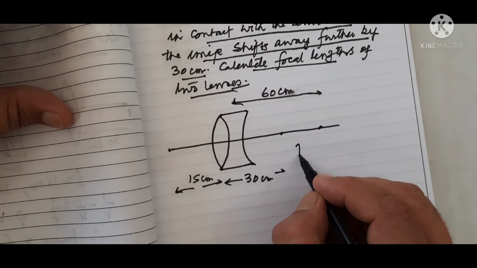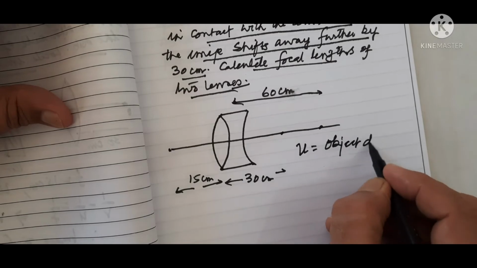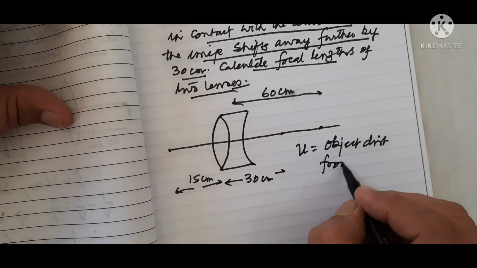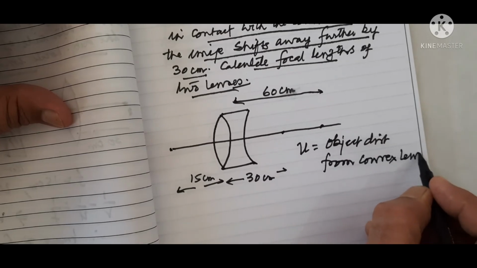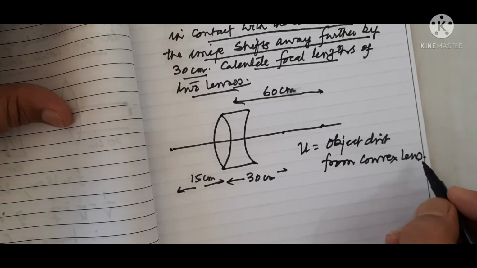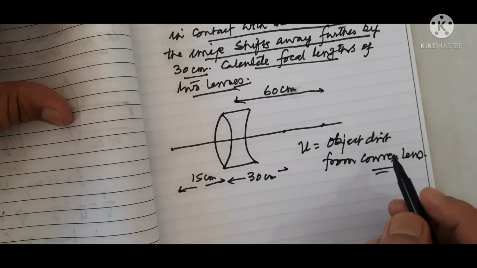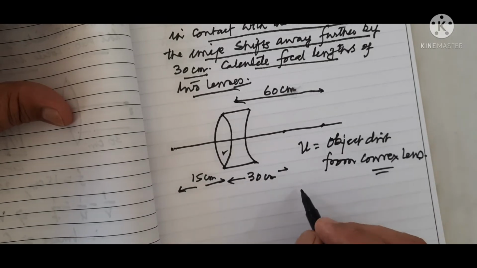All the details are given. So here, let u be the object distance from convex lens. कैसे इसको सॉल्व करना है, देखिए u क्या है, ऑब्जेक्ट डिस्टेंस कन्वेक्स लेंस के लिए. जब केवल कन्वेक्स लेंस था, कनकेव बाद में हम लिखे हैं यहाँ पर.